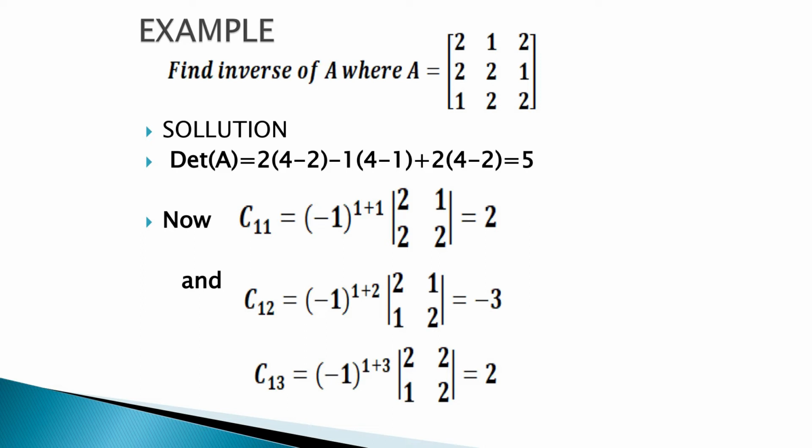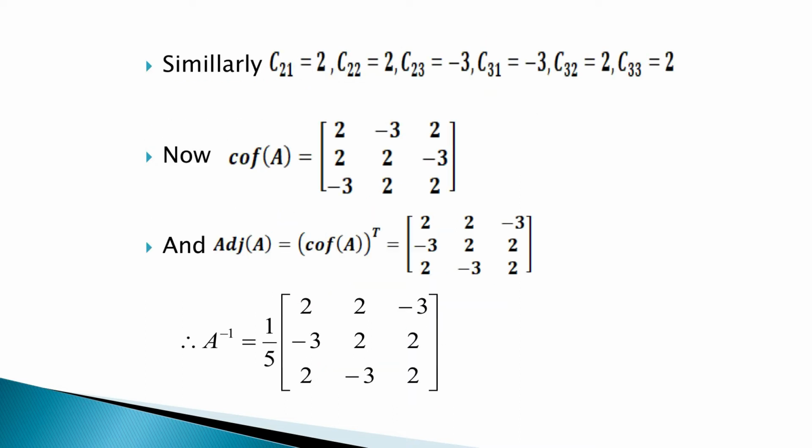Then we have to find the minors of the matrix, then the cofactor matrix. The cofactor matrix is nothing but the minor with proper sign. Hence, C11, the cofactor of 2, becomes 2, the cofactor of 1 becomes minus 3, the cofactor of 2 becomes 2.